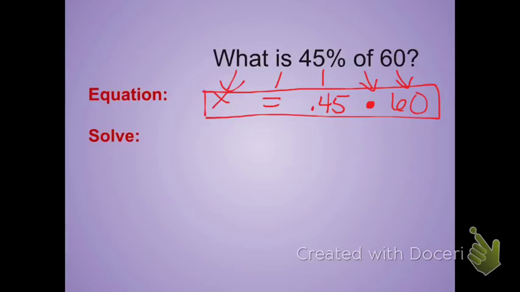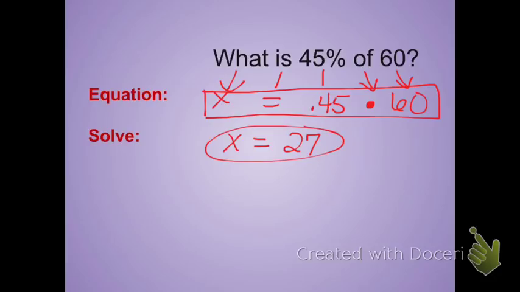Pull out your calculator. Raise your hand when you have 0.45 times 60. Jalen, what'd you get? 27. So our answer is X equals 27.